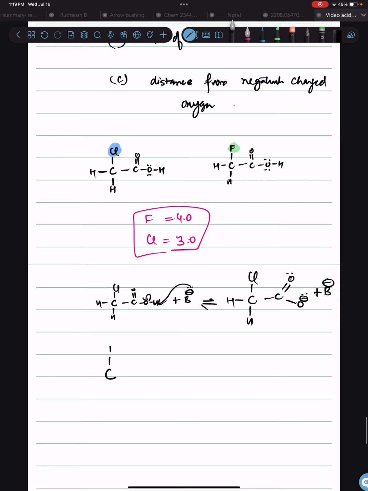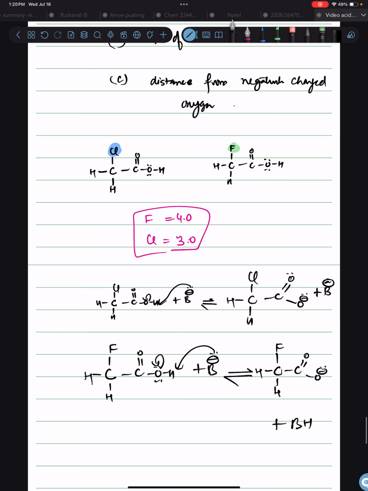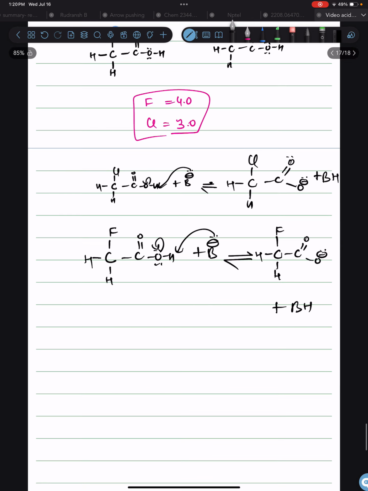Compared to this, if you have fluorine, which is more electronegative than chlorine, the anion which is generated would have more dispersal of the negative charge, because fluorine has a greater tendency to withdraw the electrons towards itself. So this is the first factor, which is the nature of the electronegative atom.